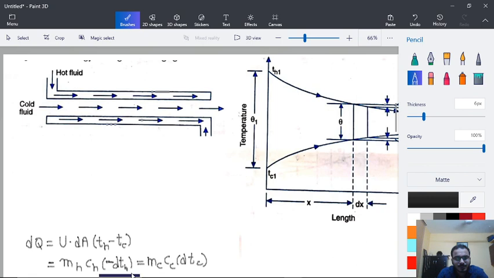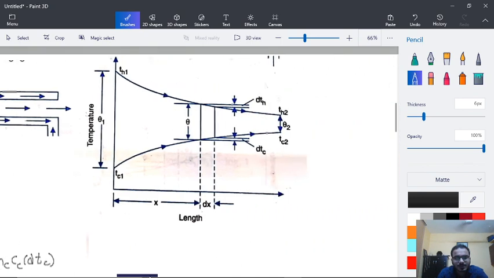If you want, you can pause this video and you can draw this chart, so that will be helpful for analysis purpose.